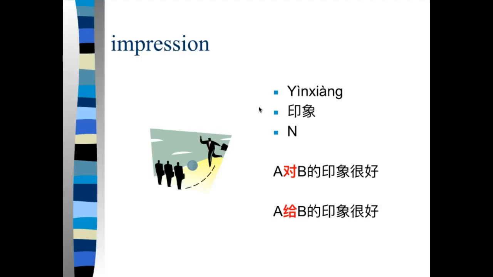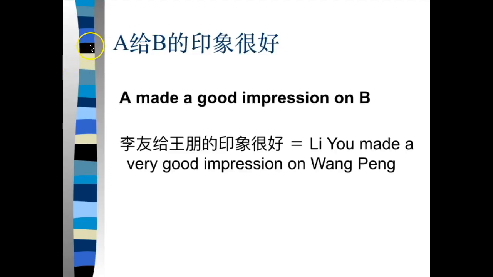Well, there are two ways to say it, and these two ways require the use of two prepositions. The first preposition is 对. The second preposition is 给. All right, they have slightly different meanings. First one, A 给 B 的印象很好.